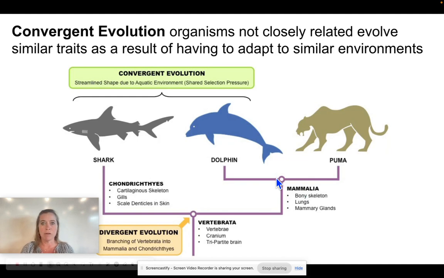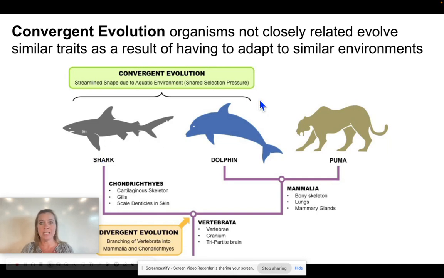Now, if you remember, dolphins are a type of small whale, Delphinidae, and they used to walk on land, right? When they started going back into the water and became hunters in the water, they developed characteristics that helped them to be good hunters in the water. Guess what? Millions and millions of years before that, the sharks had already developed those same characteristics.